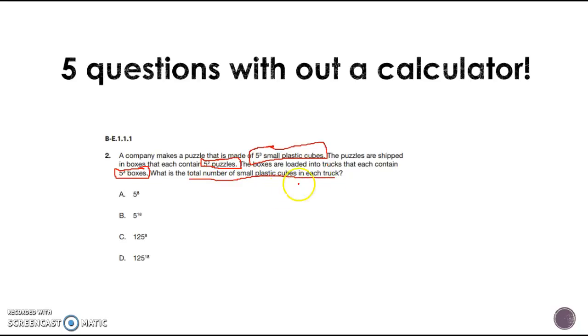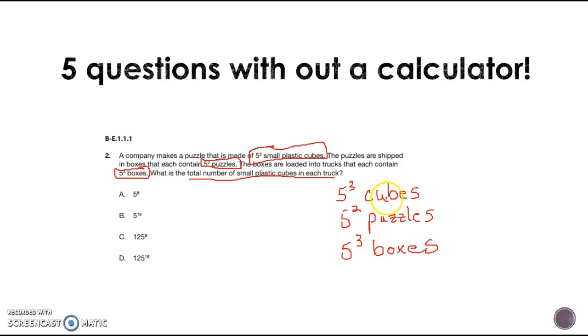So, we have 5 cubed of the cubes. That's how many cubes we have. We have 5 squared puzzles. And we have 5 cubed boxes. All right.